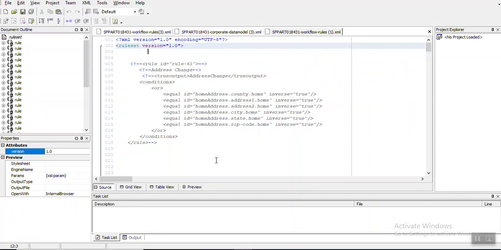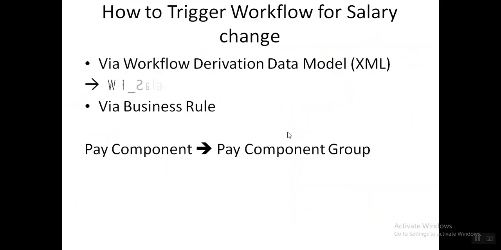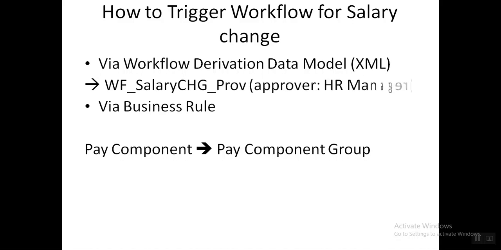Now we have to select an already configured workflow which we are going to trigger via this data model. We have already created one workflow to demonstrate how it can be triggered via workflow data model, and that workflow name is wf_salary_chg_prov. So let's go to our instance and try to check this workflow.